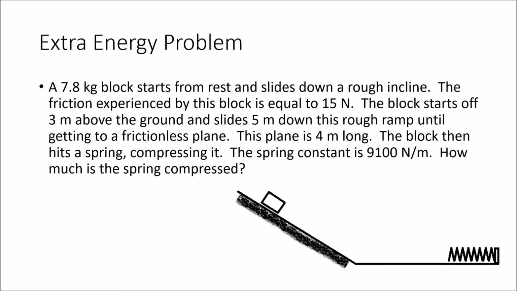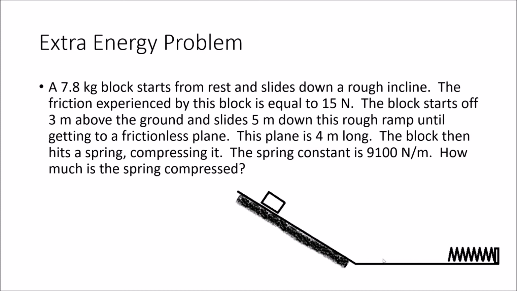Presumably up the ramp. If it's sliding down the ramp, then the friction it's experiencing is up the ramp. The block starts off 3 meters above the ground, so its vertical height is 3 meters above the ground, and it slides 5 meters down this rough ramp. So this little bit right there is 3 meters, and the distance down the ramp is 5 meters.